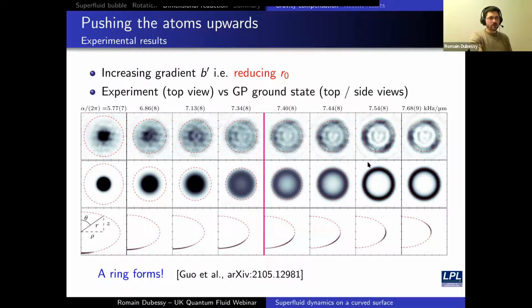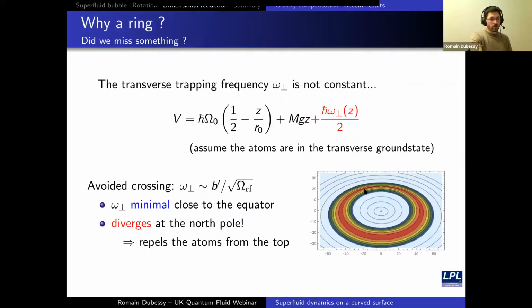And what we have missed in the simple analysis I presented to you is the fact that in our bubble, the potential is not separable at all. And then you have to take into account the transverse confinement. So the idea is that if the atoms are really localized onto the surface, then they are in the ground state of the transverse confinement. And we know from quantum mechanics that they have a zero-point energy associated to this harmonic oscillator ground state.